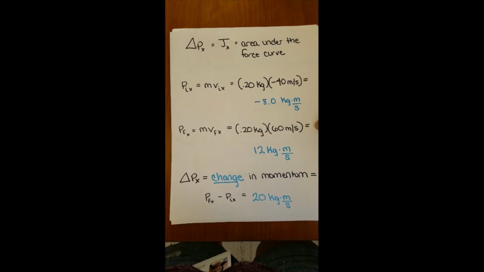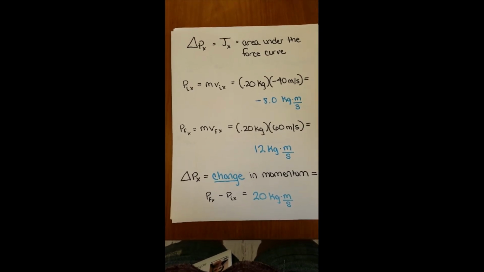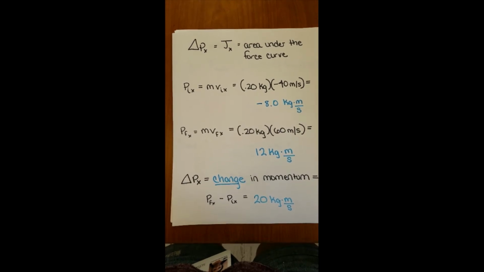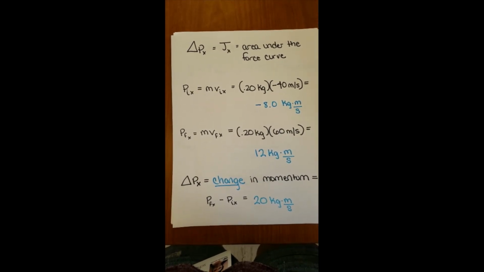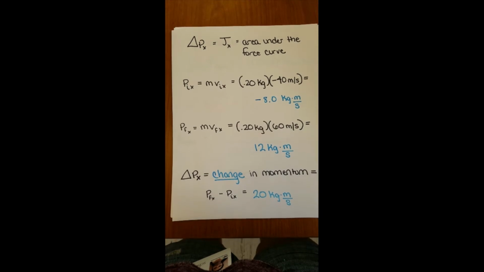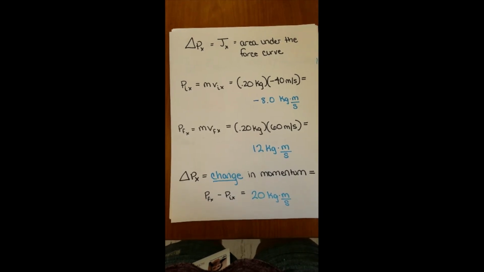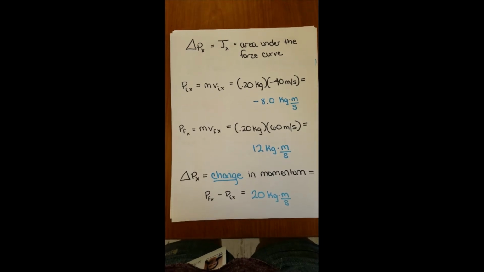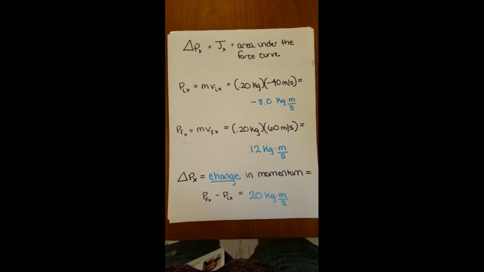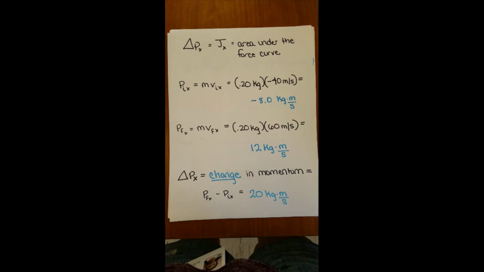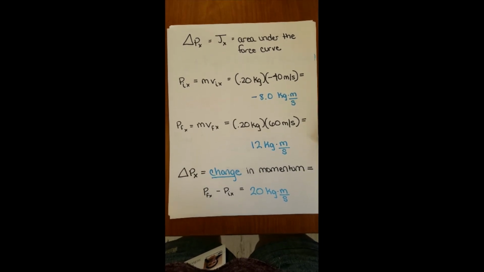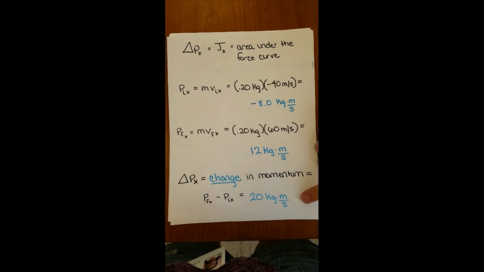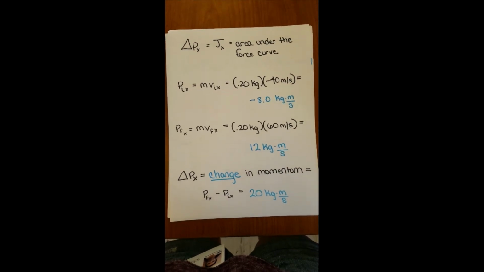The momentum final equals mass times velocity final, which equals 0.2 kilograms times 60 meters per second, which equals 12 kilogram meters per second. The overall change in momentum equals the momentum final minus the momentum initial, which is 12 minus negative 8, equals 20 kilogram meters per second.